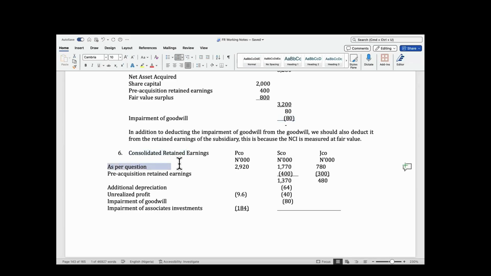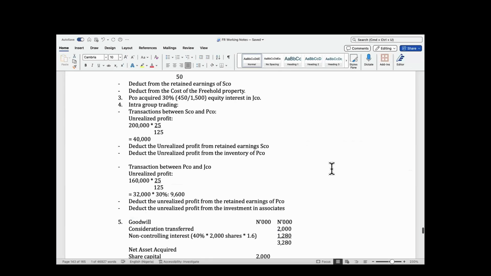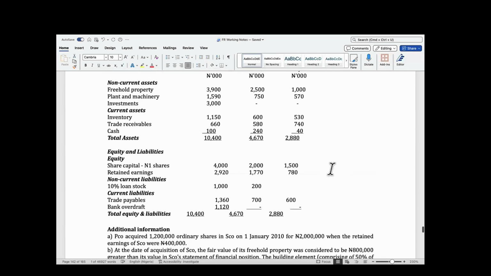So as at the year end, the retained earnings of the parent is 2,920, subsidiary 1,770, associate 780, and this is it. Those are the retained earnings at year end: 2,920, 1,770, and 780.